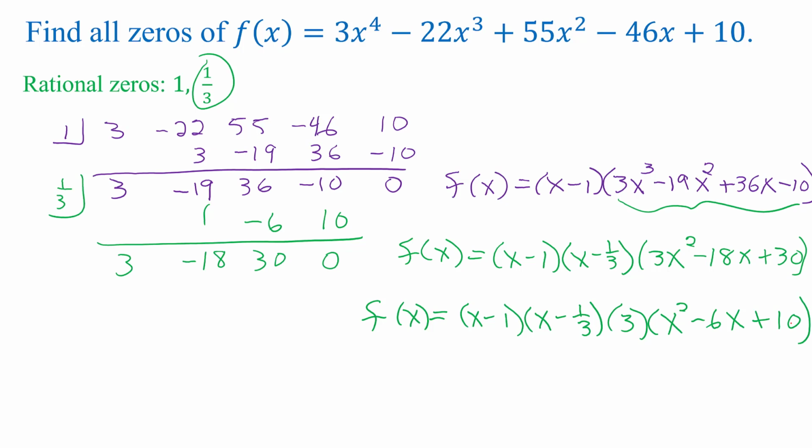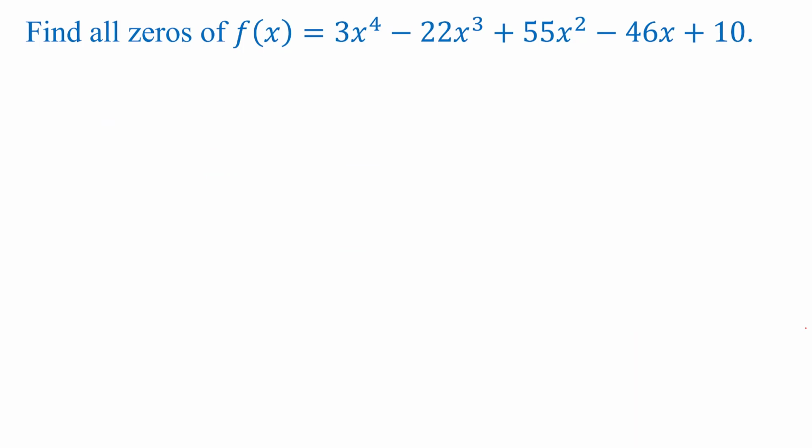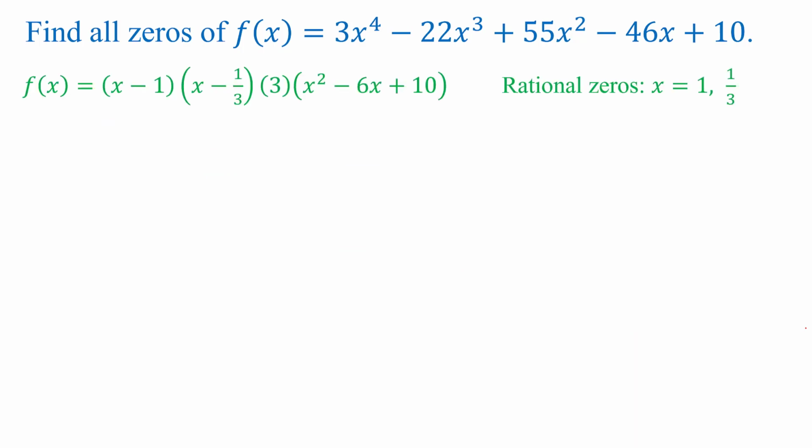Now we cannot factor x squared minus 6x plus 10 over the real numbers, so let's move on to another slide where we will use what we found so far, and I will apply the quadratic formula to find additional zeros. So right now we've factored f of x, and we found that we have two rational zeros of 1 and 1/3. The next step would be to look at x squared minus 6x plus 10.